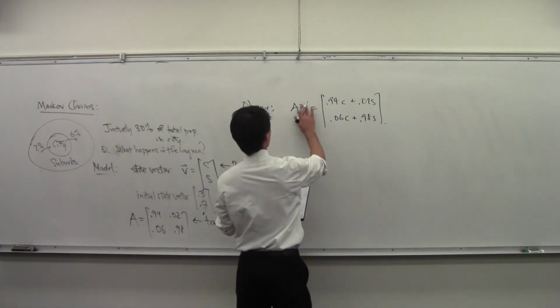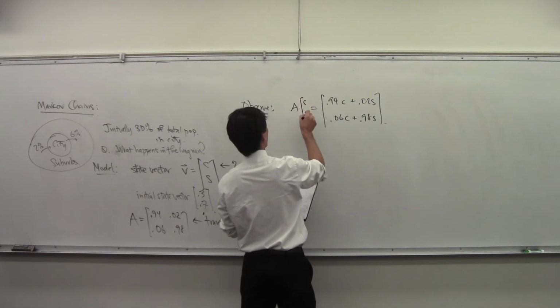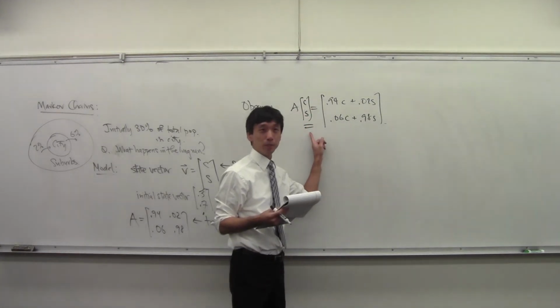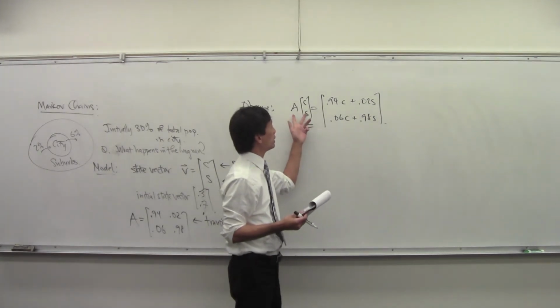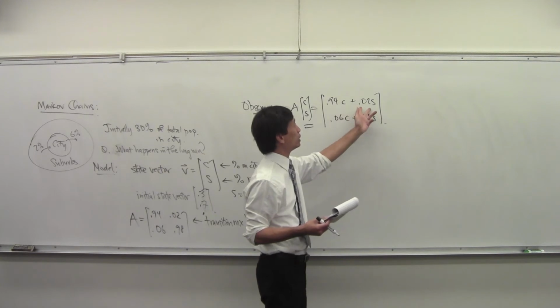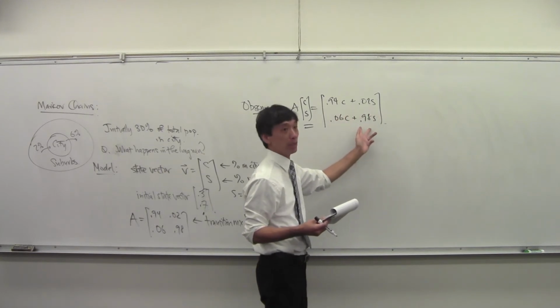It says that if you have a state CS, you hit it with this, the next state is 0.94C plus 0.02S, 0.06C plus 0.98S.